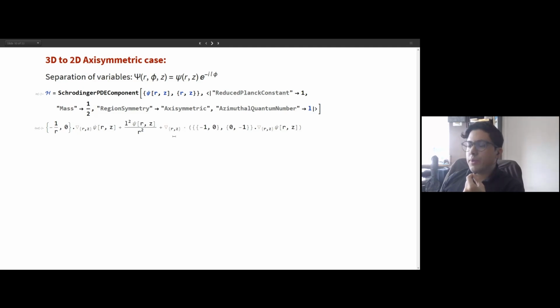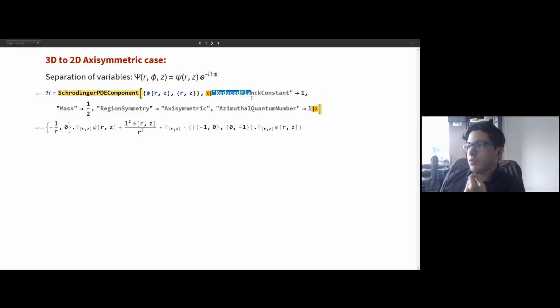Another type of problem: let's say you have a 3D problem that has some axial symmetry. In many cases, you can justify variable changes, this separation of variables. If you're working in cylindrical coordinates, you will have one part that depends on r and z, and another part that is just e to the minus i l phi, where l is the azimuthal quantum number. To specify that, we will specify the variables as before, but this time r and z.